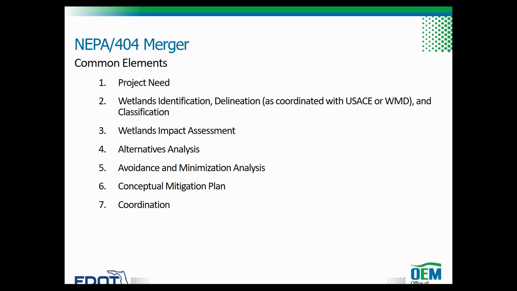7. Coordination. Coordination on the common elements will be documented. Coordination with federal, state, and local regulatory agencies is necessary to the point that the environmental permits are achievable. The NRE developed during the PD&E study provides technical information on wetland impact assessment and mitigation analysis, which supports the NEPA decision-making process.